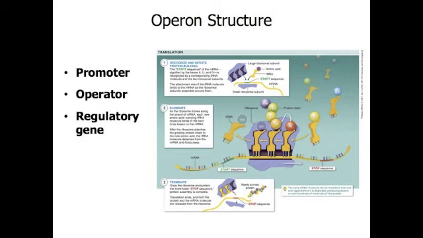The second regulatory site is the operator. A molecule called a repressor protein can bind at this site and block RNAP from transcribing the genes necessary for lactose metabolism. The third regulatory element is a regulatory gene. This gene codes for the repressor protein that binds to the operator and blocks the RNAP.